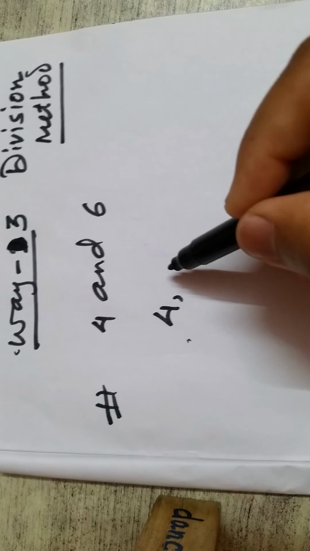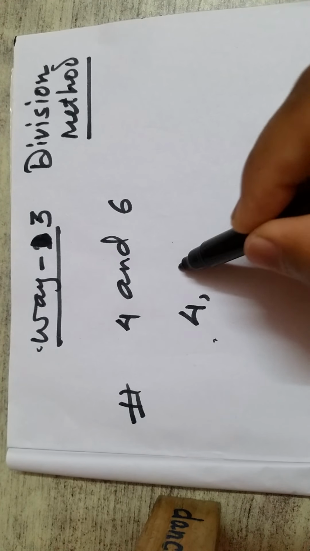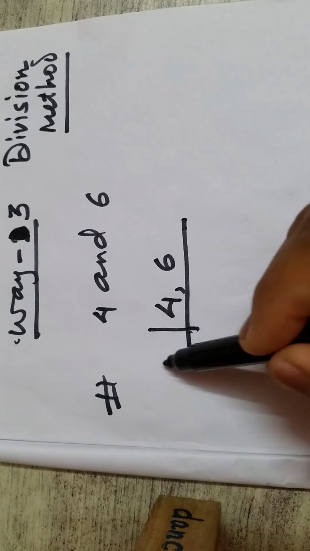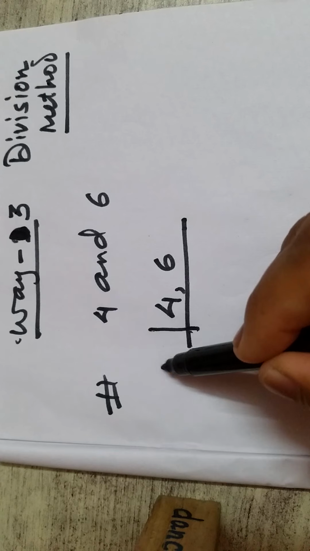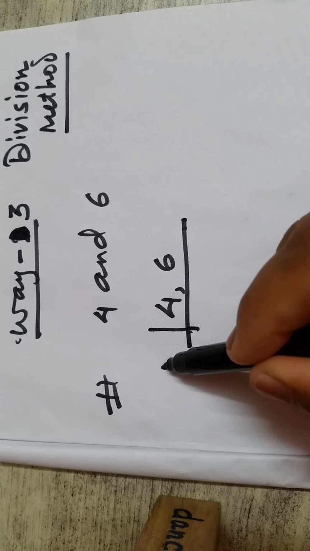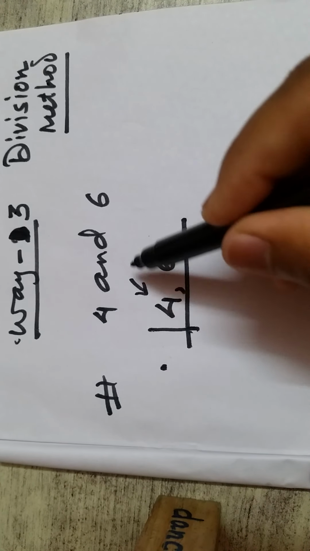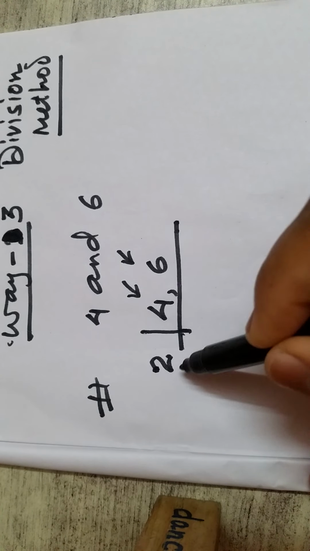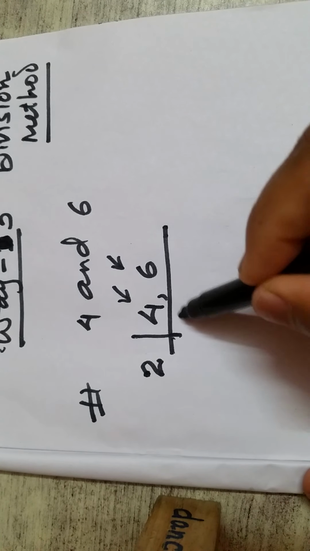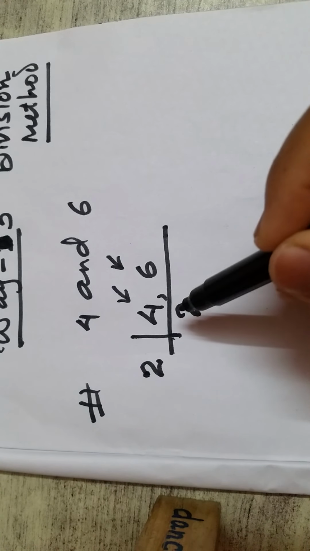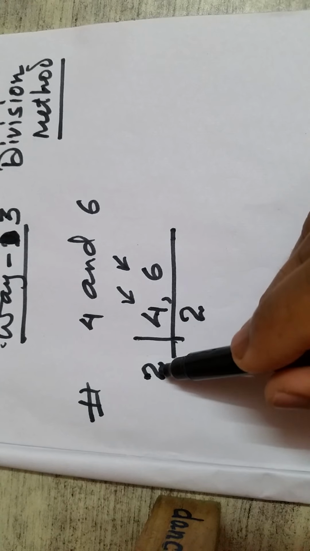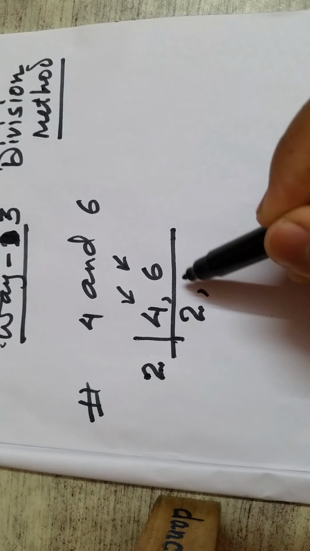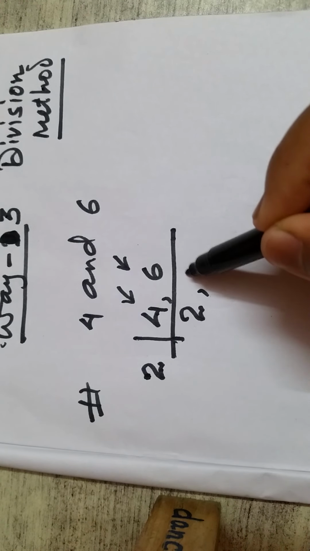In this method, we write the given numbers together and choose the smallest prime number which can divide both, or we may take a prime number which divides at least one, no problem. Like this, one by one individually we divide. 2 divides 4, 2 2s are 4. Again 2 divides 6, 2 3s are 6.